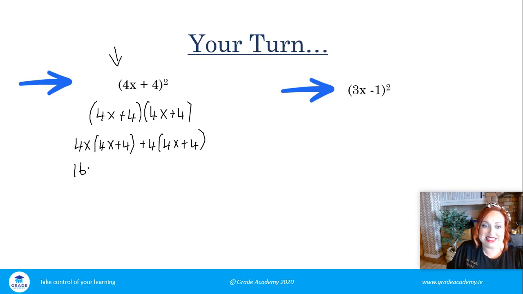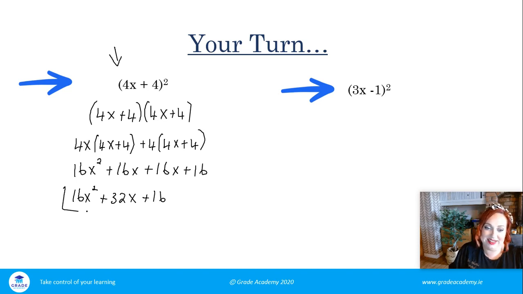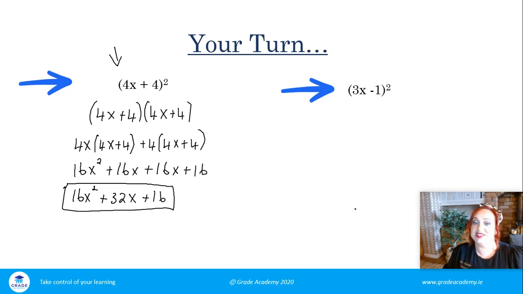So I get 16x squared plus 16x plus 16x plus 16. Lots of 16s everywhere. So again, tidying up, I know that I've got x here and an x there. So that is 32x altogether plus 16. Okay. So that's the first one done.